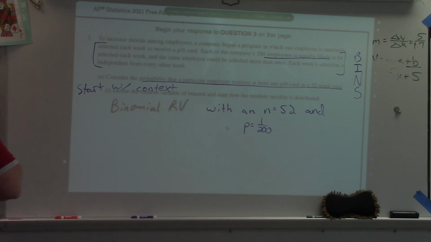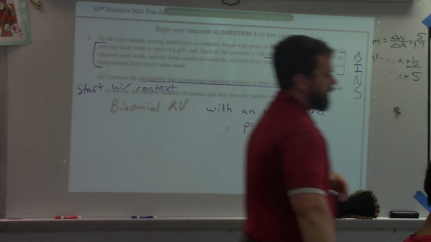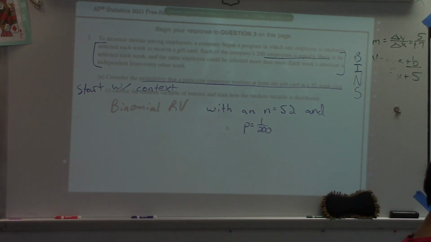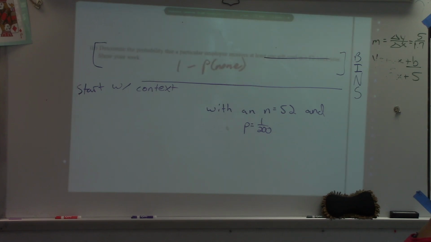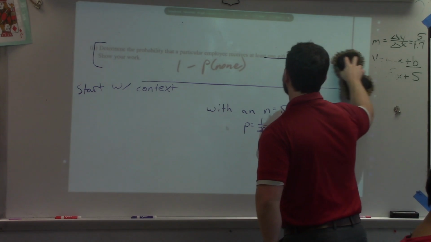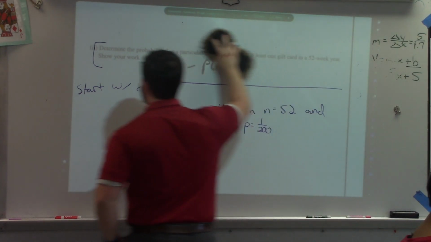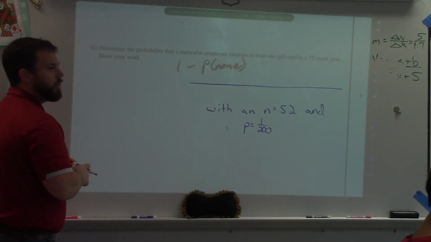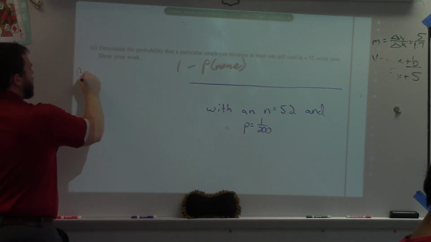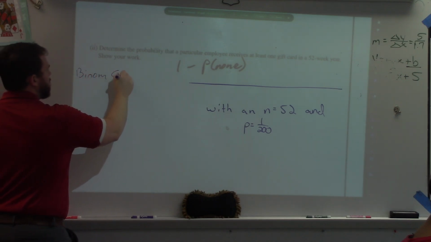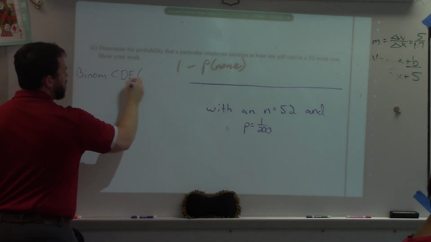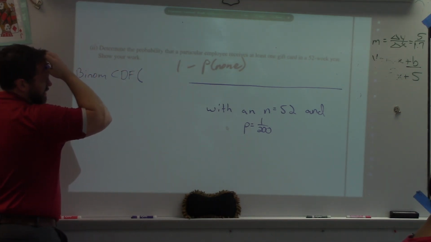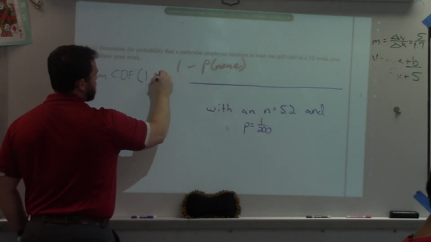How do you do the at least one gift card? I was going to get to that in a second. Right now it's just a define. Here it says determine the probability that a particular employee receives at least one gift card. There are two options. One, we just identified this as a binomial, so we could do a binomial CDF with what for the lower bound? One. And what for the upper bound? 52.